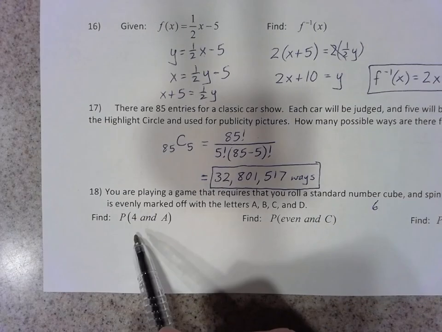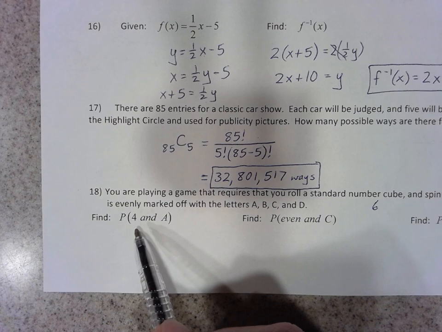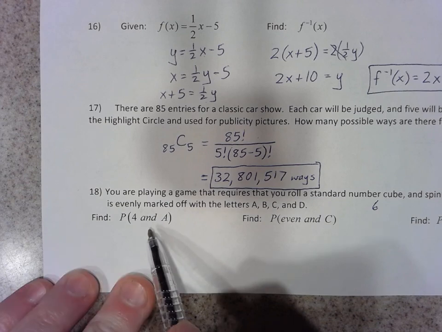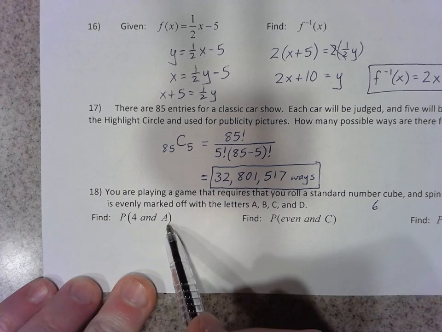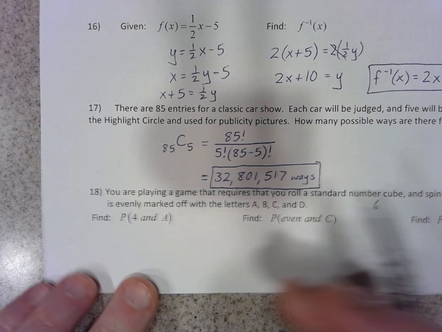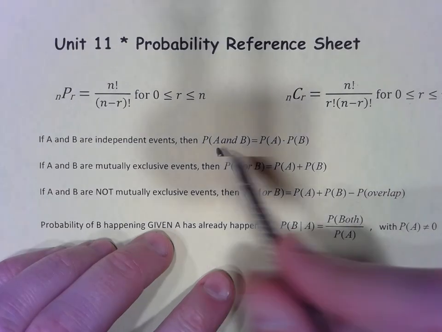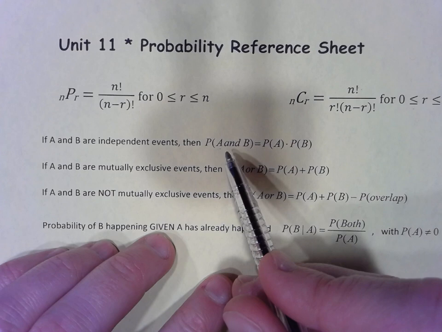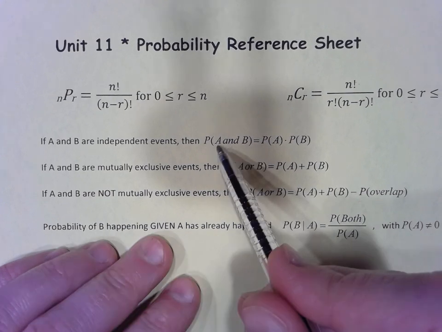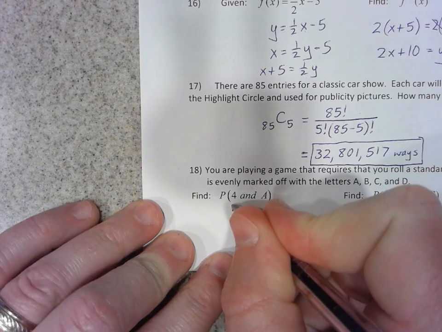Okay, so the probability that I roll a 4 and spin and land on A. Well, the probability of 2 events that we want both of them to happen, and they're independent, the probability that I roll a 4 is going to get multiplied by the probability that I spin and land on A. So probability of rolling a 4, there's one side that has a 4 out of the 6 sides.